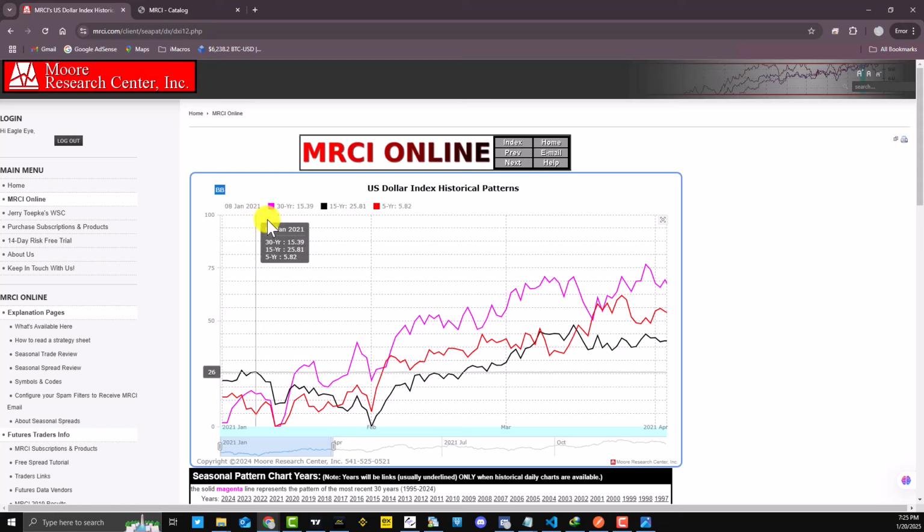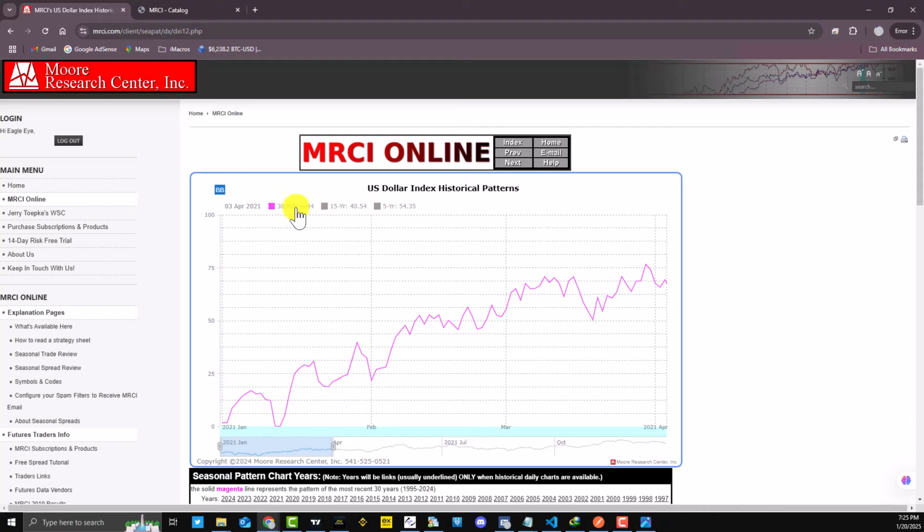However, you can see these particular time periods. We have the 30-year, the 15-year, and then the 5-year time period. You can actually toggle it. You can toggle any one and have any one that you want.